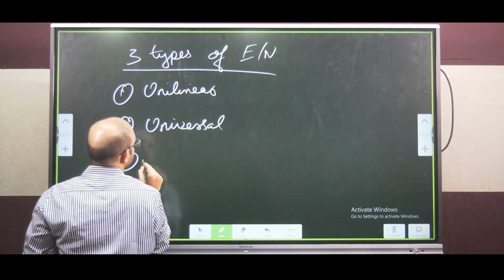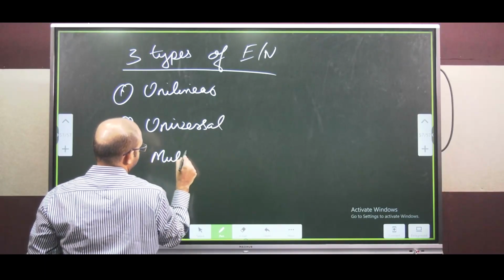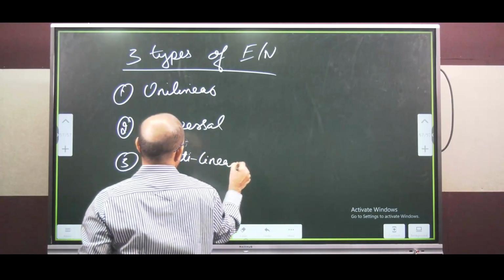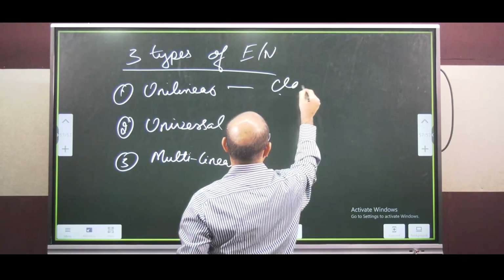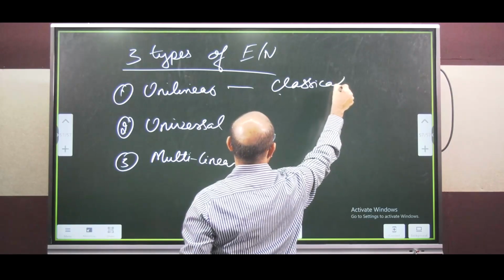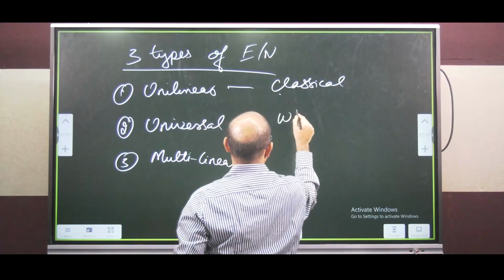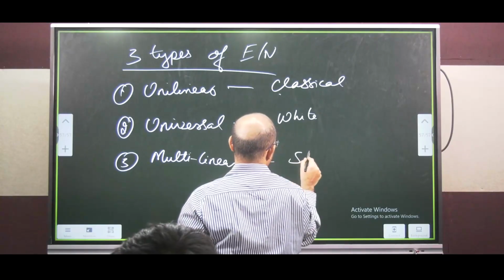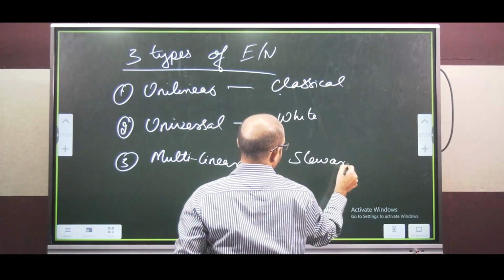Third is multilinear evolution. Unilinear are classical evolutionists. Their thinking is called unilinear. White is called universal. And multilinear is Steward's approach, called multilinear evolution.